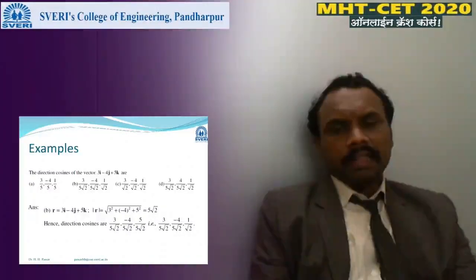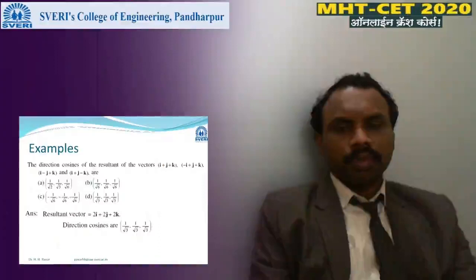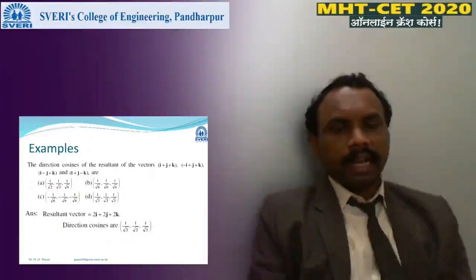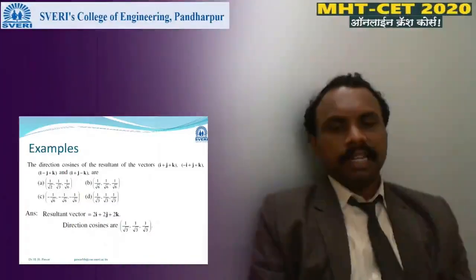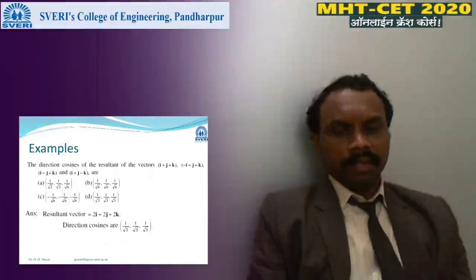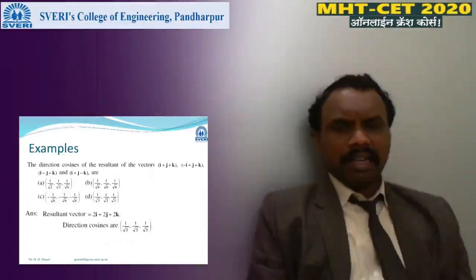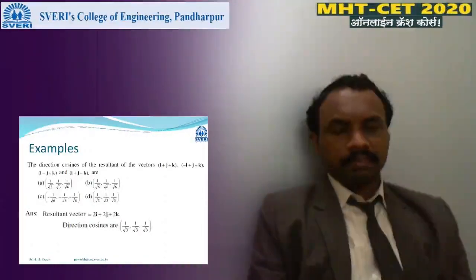Next we will see another example. The direction cosines of the resultant of the vectors i plus j plus k, minus i plus j plus k, i minus j plus k and i plus j minus k are. Now as we saw in earlier examples, the resultant vector is obtained by taking addition of all the vectors.